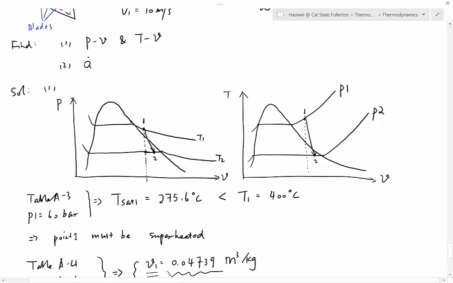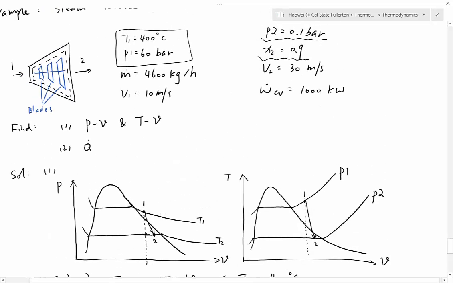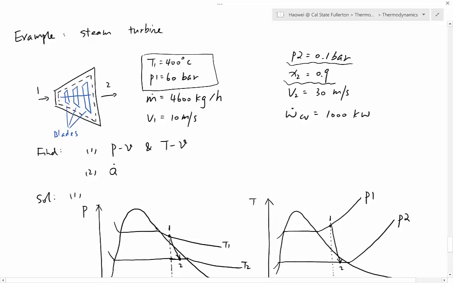Okay, and then the last question is to look for heat transfer rate Q dot. Okay, which equation has Q dot? We only have one, first law. Okay, but remember at this moment, if you ever use first law, the first thing you have to do is to identify if your system is a closed system or a control volume, and then choose the corresponding equation for each one.